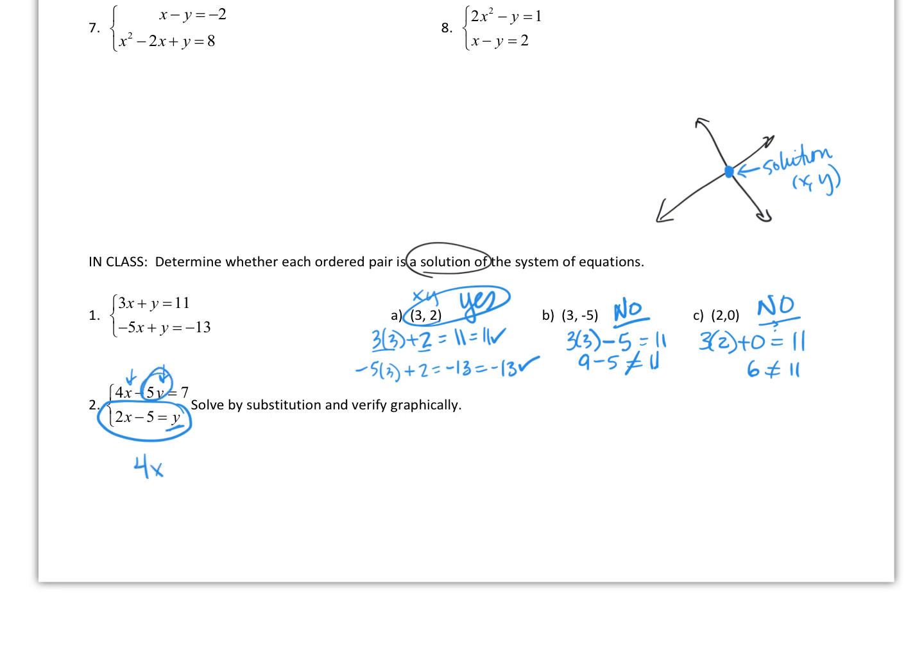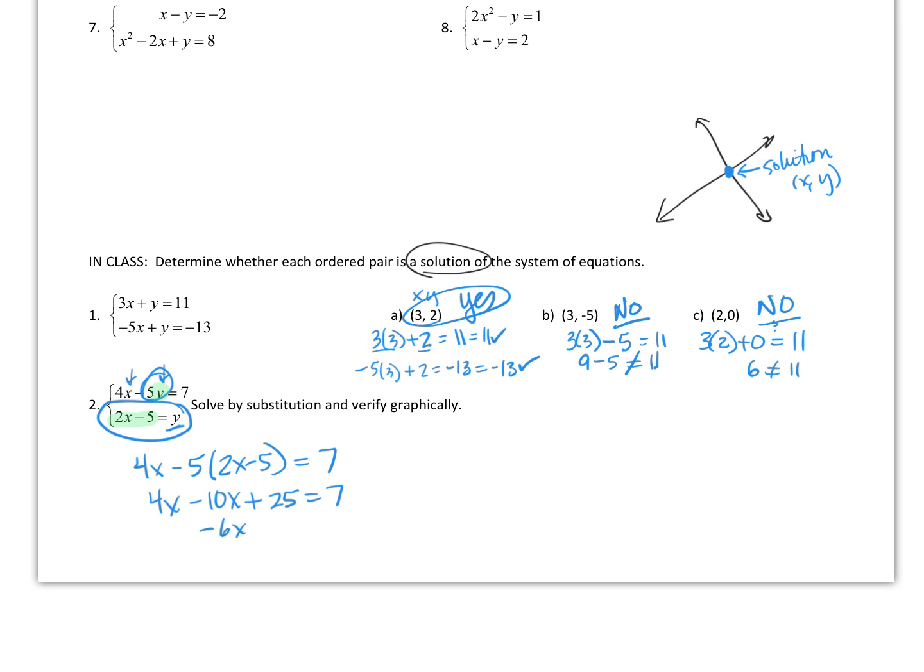So it's going to be 4x minus 5 times 2x minus 5 equals 7. All right? Everybody see what I did there? I took this equation and I plugged it in for the y in the first equation. And now we're just doing algebra to solve it out. So it's 4x minus 10x plus 25 equals 7.